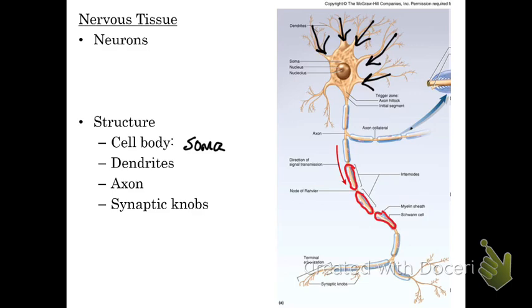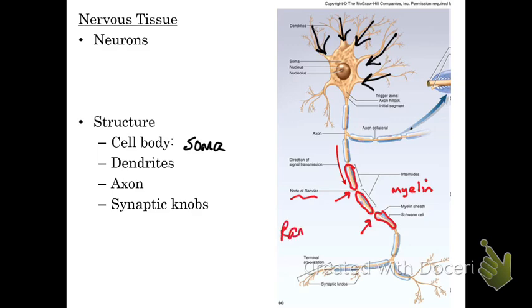They create a fatty, lipid-rich substance called myelin, and that myelin creates a sheath, a wrapping around, layer after layer after layer around the axon. In between those Schwann cells, there are small gaps, and those small gaps were named after a person, and they're called the nodes of Ranvier. So that is a capital R.